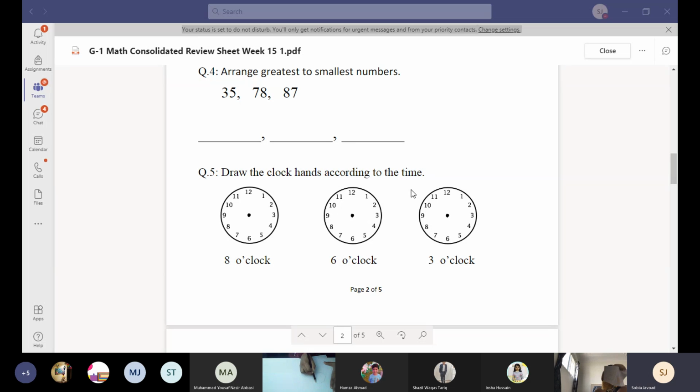We can just put something round to draw to make a clock, a lid of a bottle or something. Hamza is working. Yes, that's great. Manal, you are right. You can draw with the help of this and you will have an exact round shape.